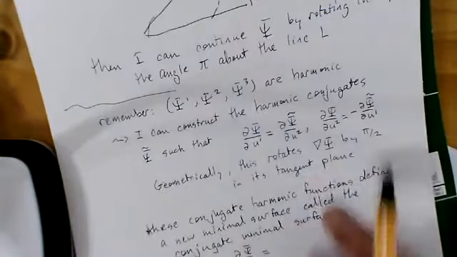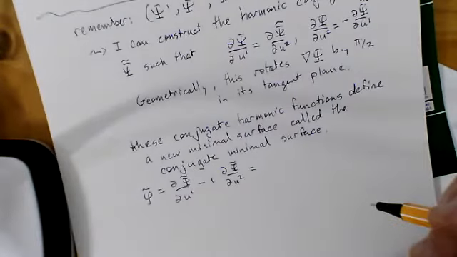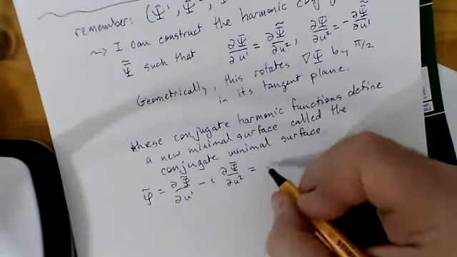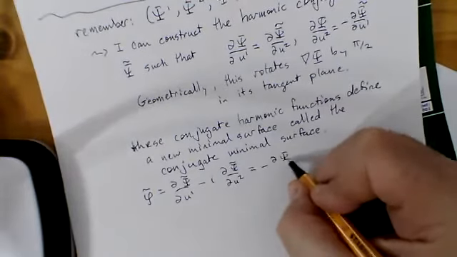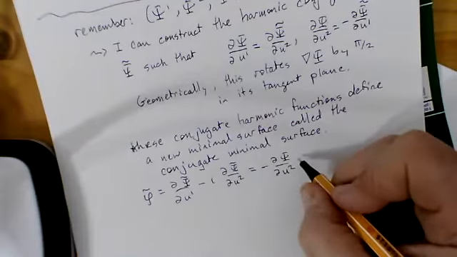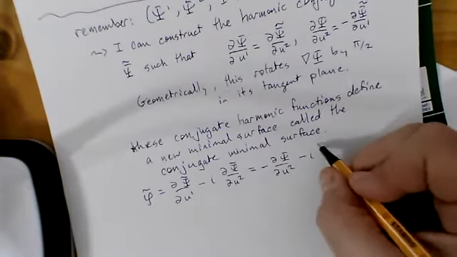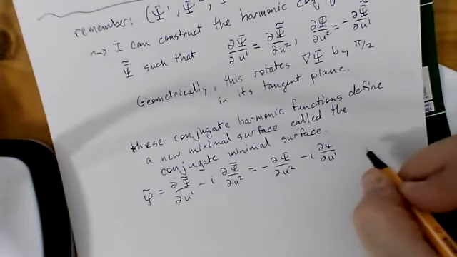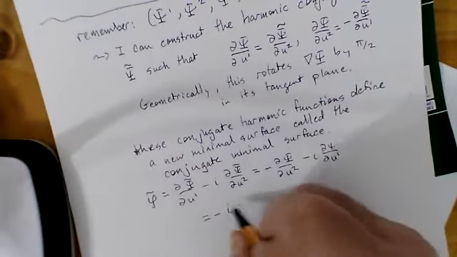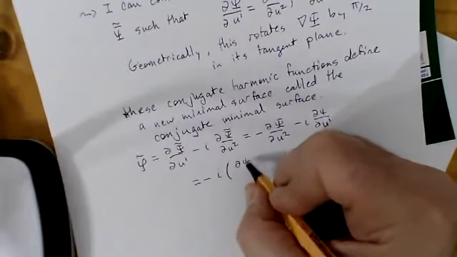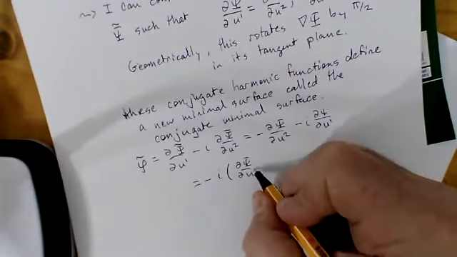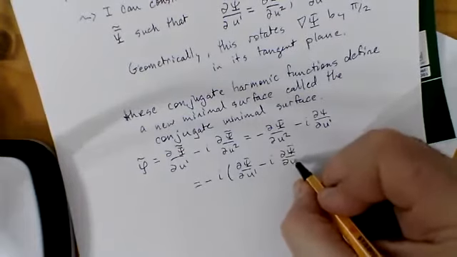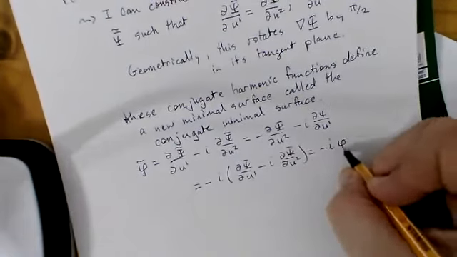But then using my Cauchy-Riemann equations I had up here, this is minus d psi du2 minus I d psi du1, which is then minus I times d psi du1 minus I d psi du2, which is minus I phi.